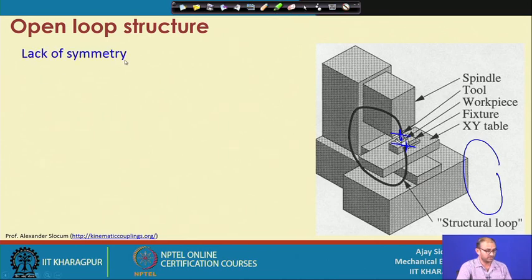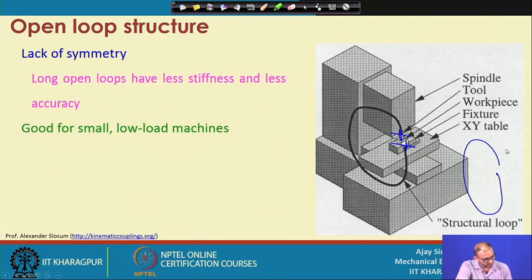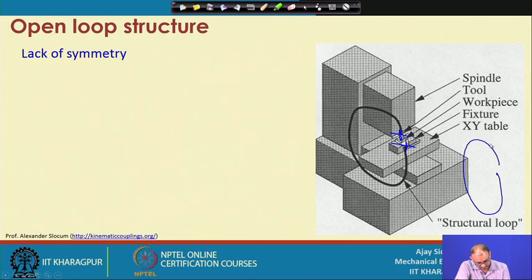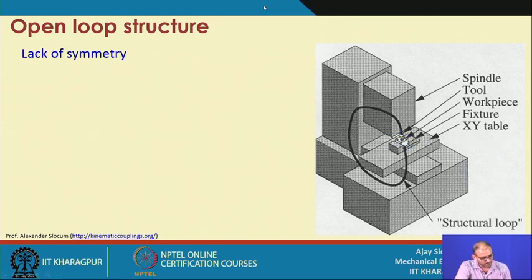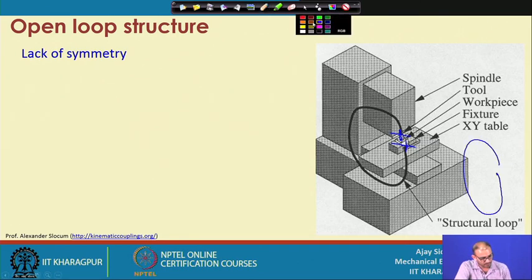There is a lack of symmetry. What happens here? We know these are the two things, and when we have an open loop structure, it is open in this direction.